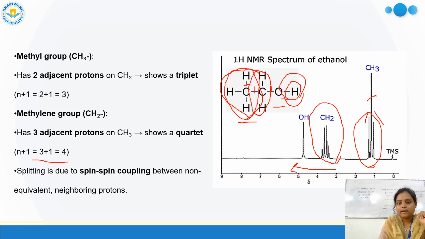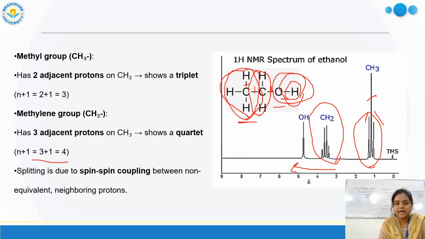Okay, now this OH hydrogen. As I told, the OH hydrogen experiences chemical exchange with the solvent, whatever solvent we are taking, and it is very rapid to detect by the NMR.